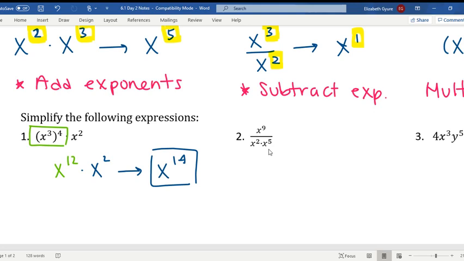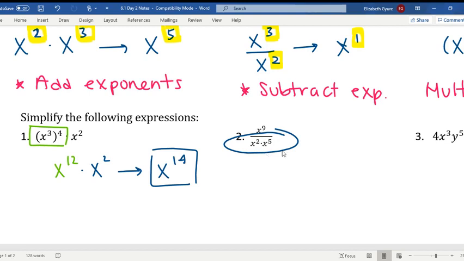Jake Sanders, what do you see at the bottom of the fraction right here? You there, Jake? Aaron, what do you see at the bottom of the fraction? Okay.